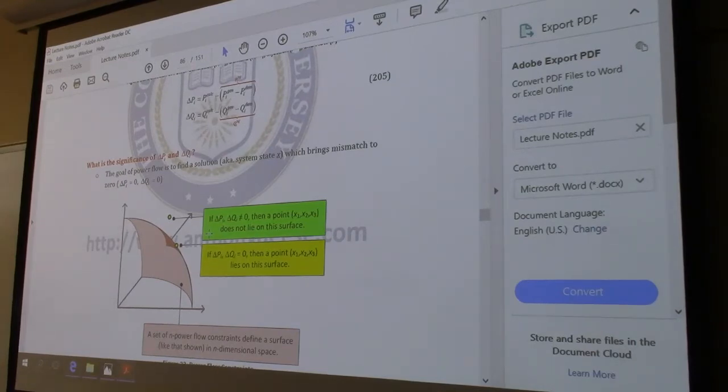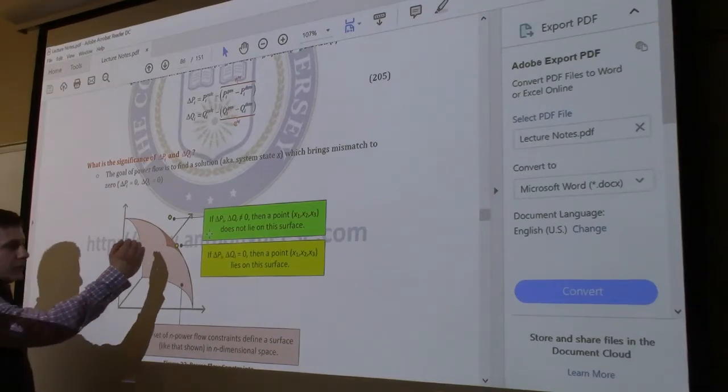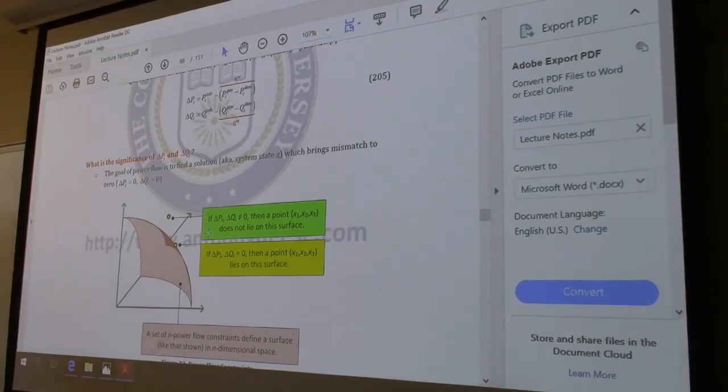Yes? This is maybe a stupid question, but are delta P and delta Q in this case more like a gradient on the surface? Well, it's different because delta P and delta Q don't refer to the tangent to the surface right there.